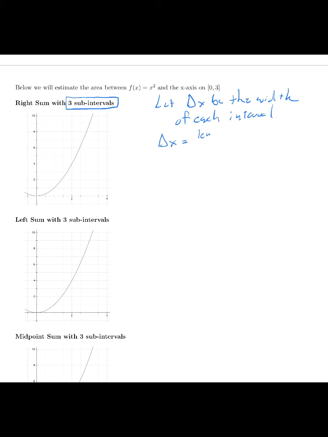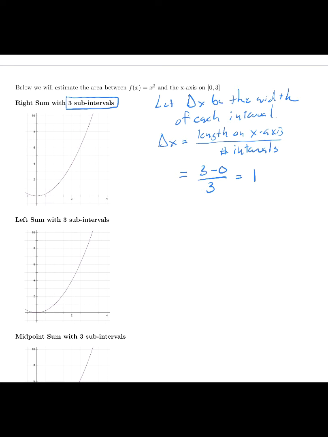Well, it's going to be the length on the x-axis divided by the number of intervals. By length on the x-axis, I mean, where are we looking? We're looking from 0 to 3, so the length of that full interval on the x-axis. So in this case, it's 3 minus 0 divided by 3, or 1. So delta x is width 1.